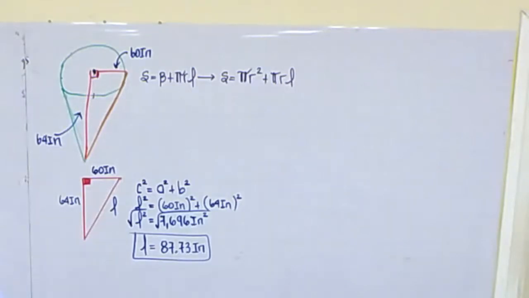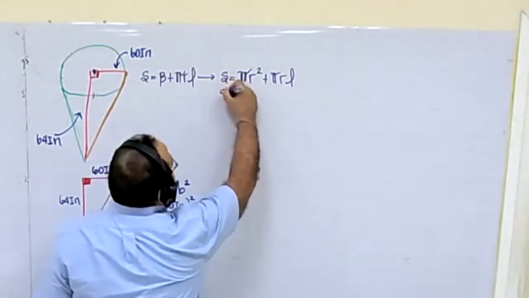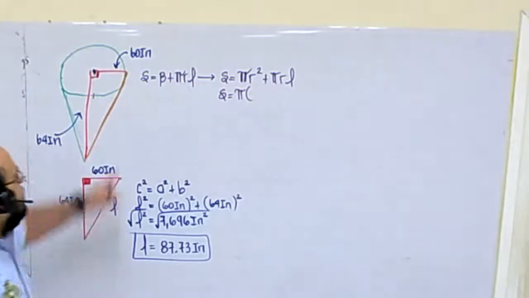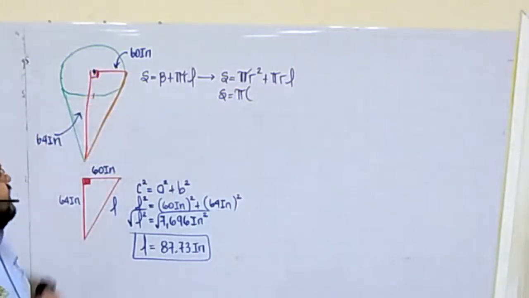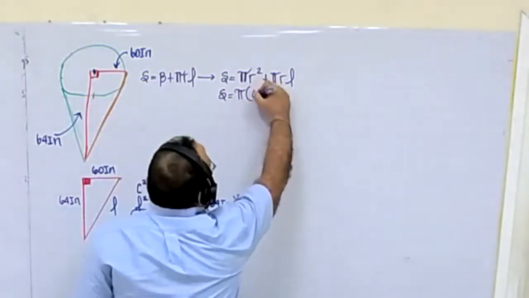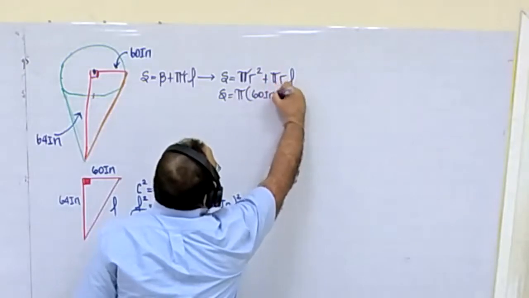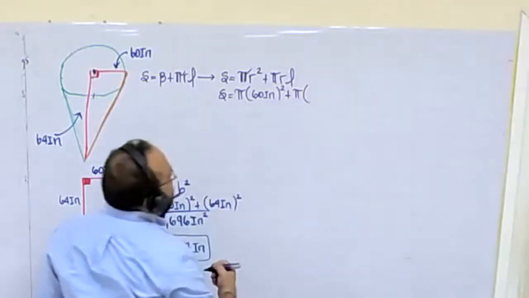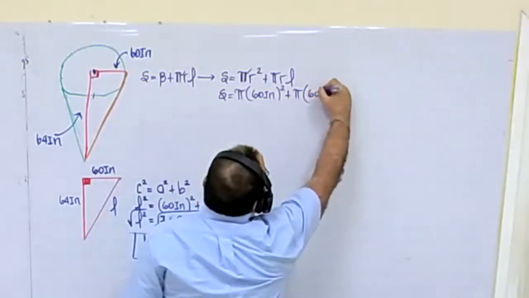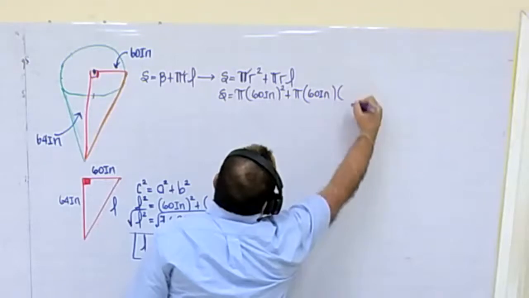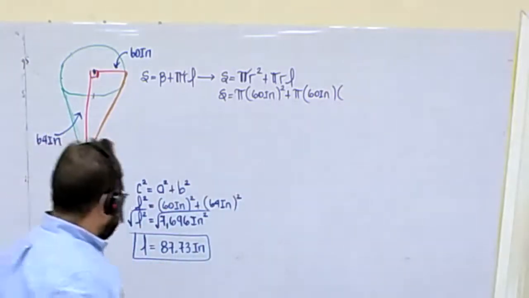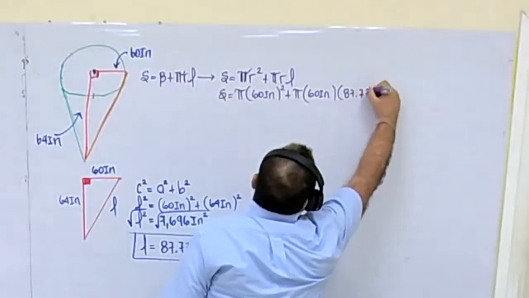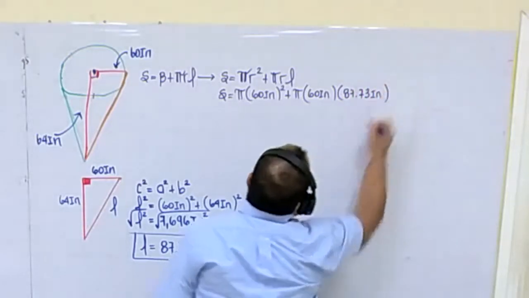So S will be given by pi, and instead of the radius, remember the radius of the circle is 60 inches squared, plus pi times 60 inches times the slant height, 87.73 inches.